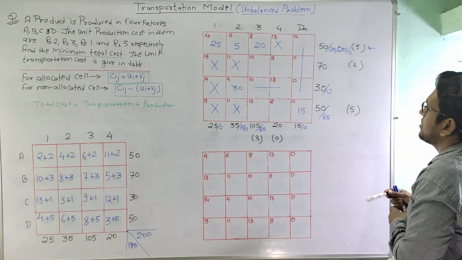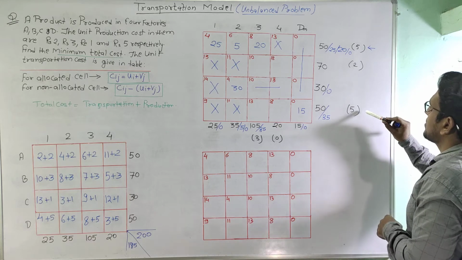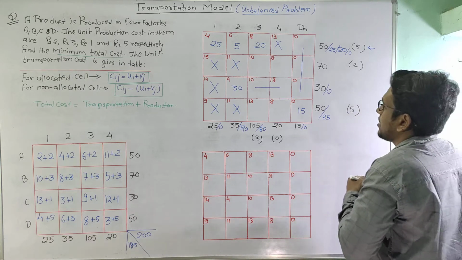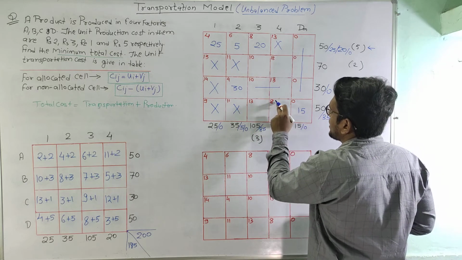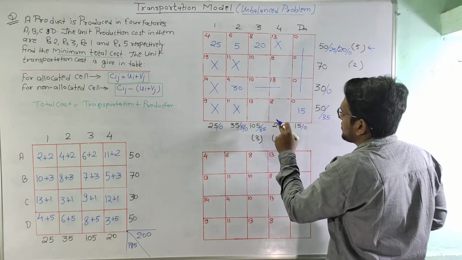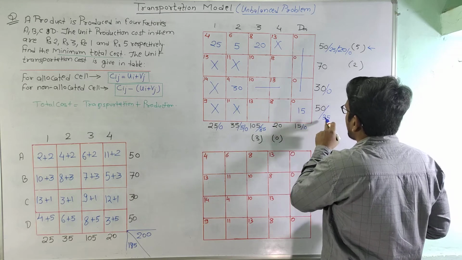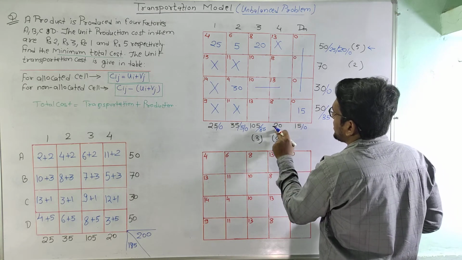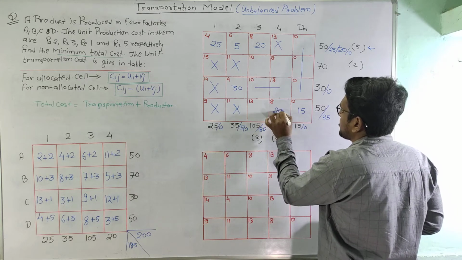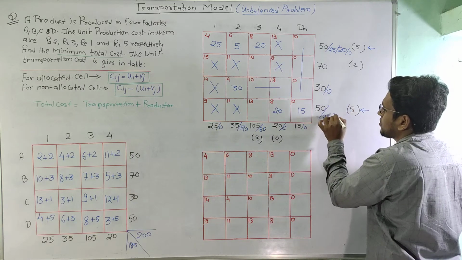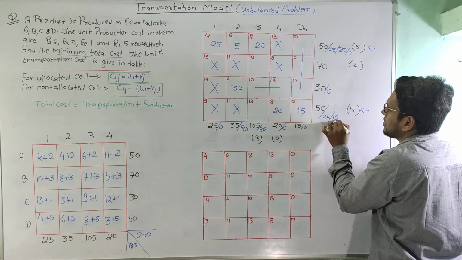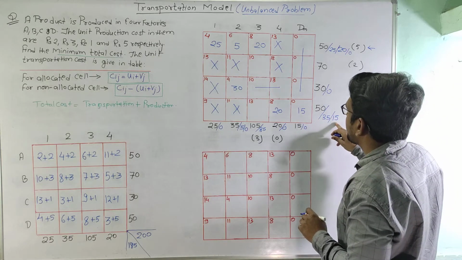So now the maximum penalty is here, and we will select this, and among these two 8 is the minimum total cost, that means we will try to allocate here. So out of 35, 20 can be allocated. So 20 has been allocated, this will be 0, and this cannot be allocated. So 15 is remaining here.